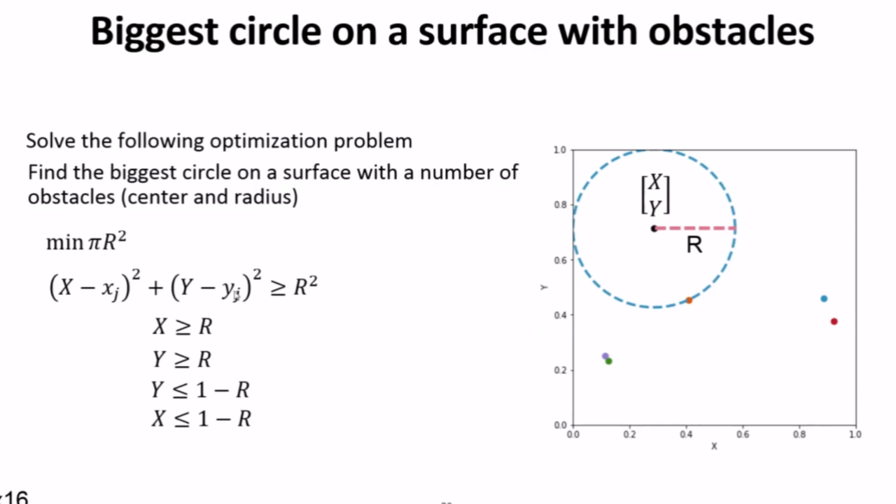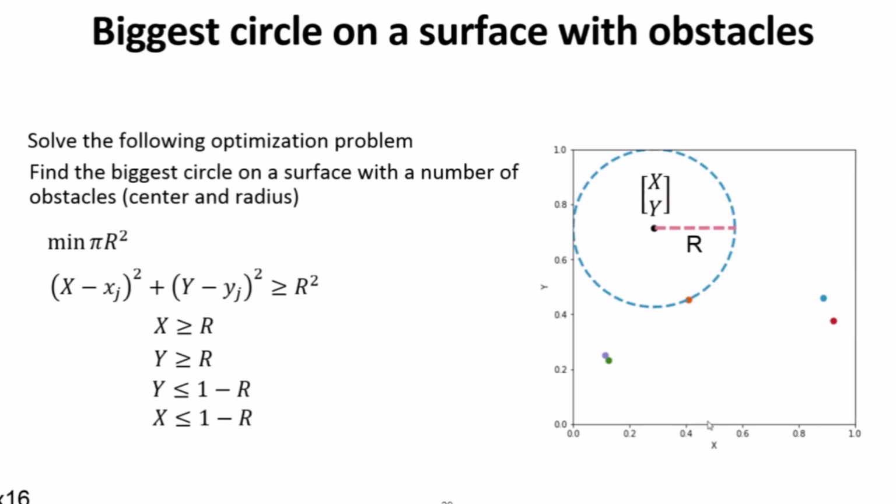These are the coordinates of the obstacles. And also we want to make sure that x is bigger than r, because we don't want to have a circle outside the surface, and also x is less than 1 minus r, so the circle is not coming out of the box from this side. The same philosophy holds for y.